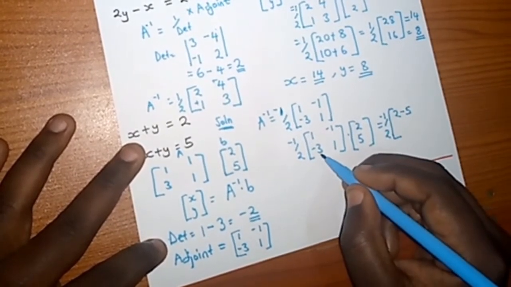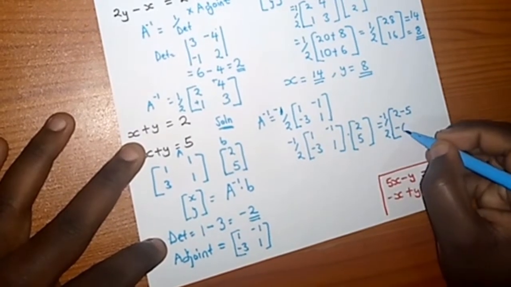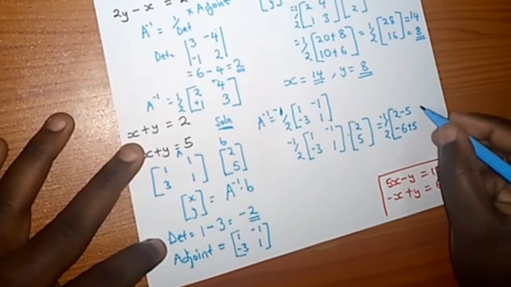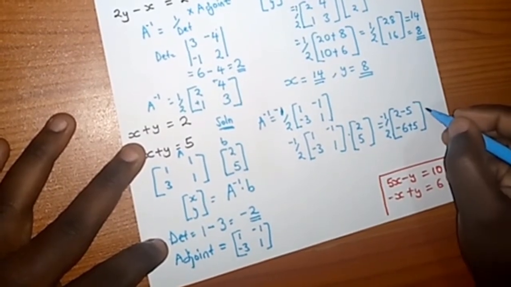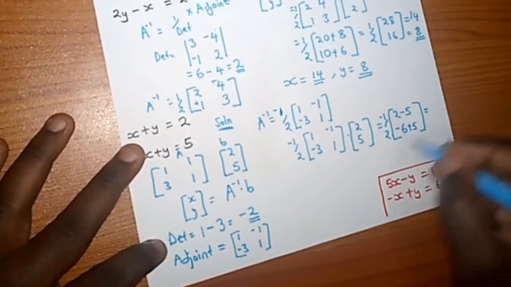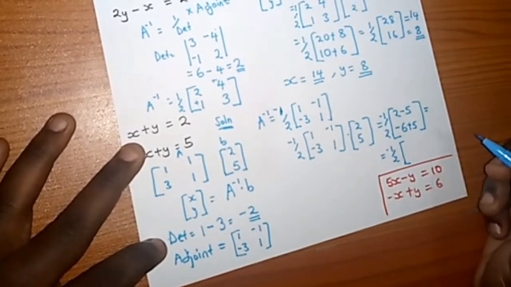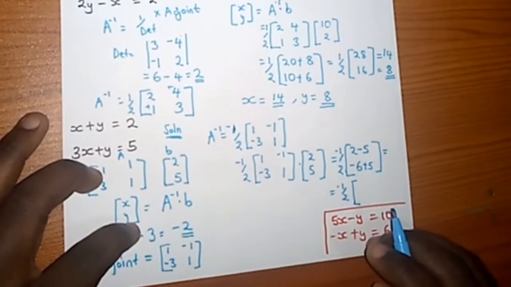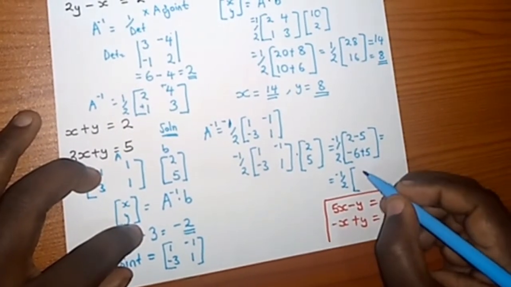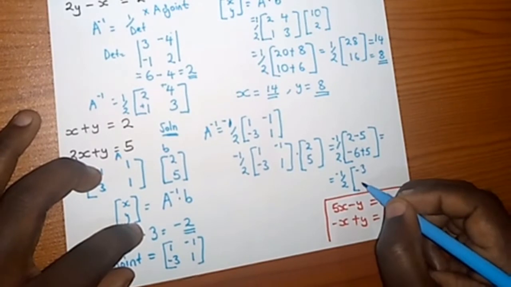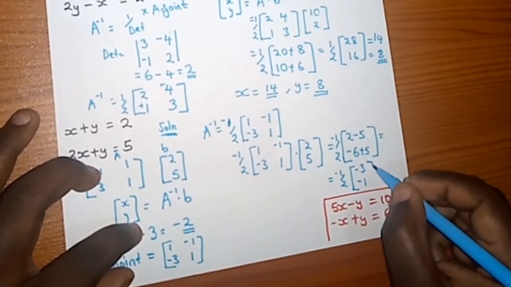Then -3 times 2 is -6, plus 1 times 5, which is plus 5. So I'm going to remain with -1/2 outside. 2 minus 5, I get -3. Minus 6 plus 5, I get -1.